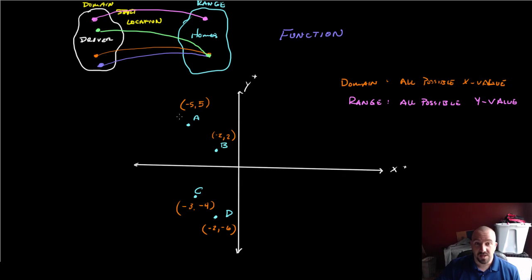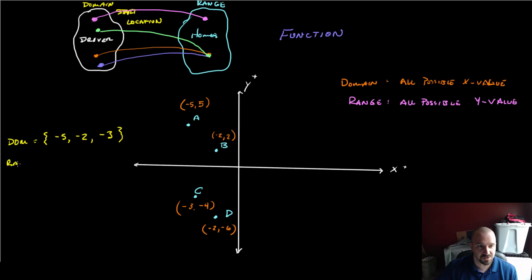So for the domain, we list all of the x values. We can say that the domain of this thing is equal to the set, in no particular order, because sets do not need order: -5, -2, -3. Now we have -2 occurring twice, and we only need to list it once. Yes, we have all of those possible x values.